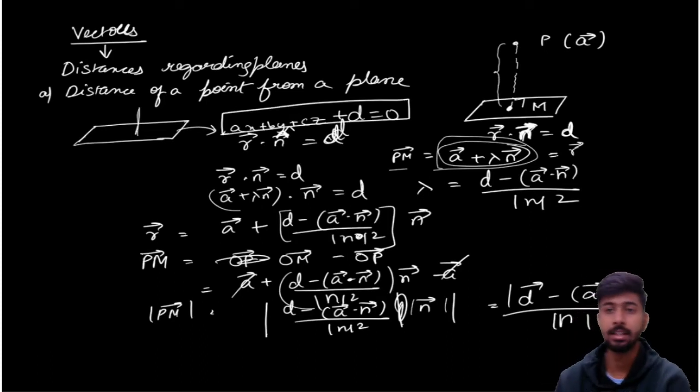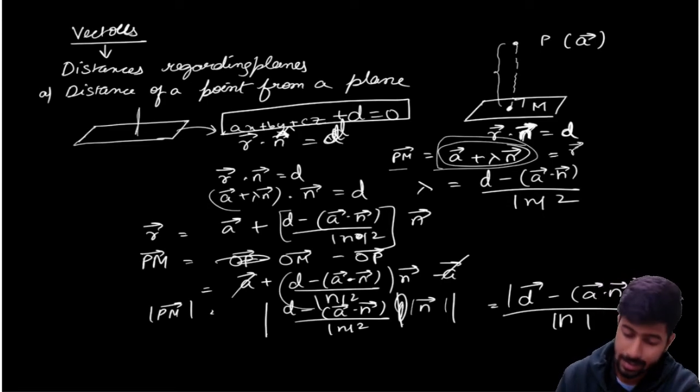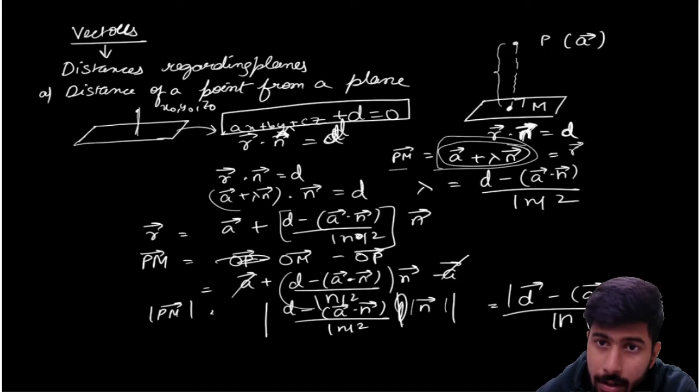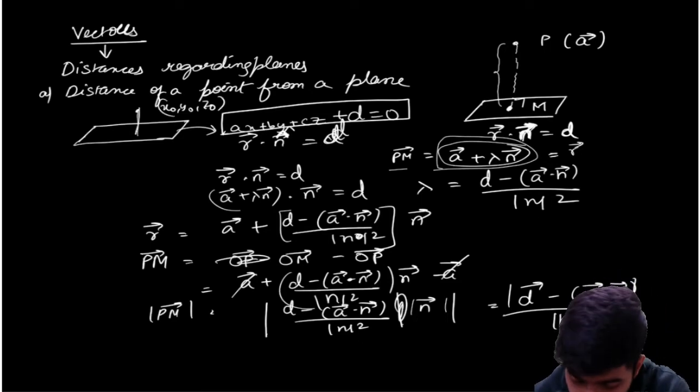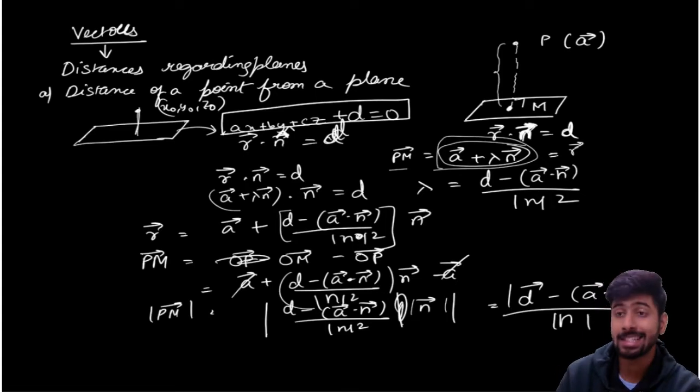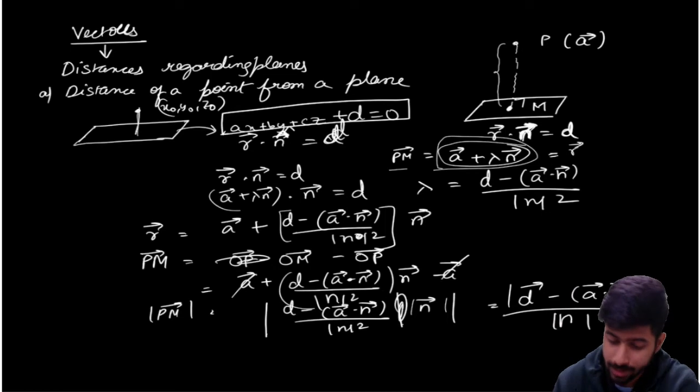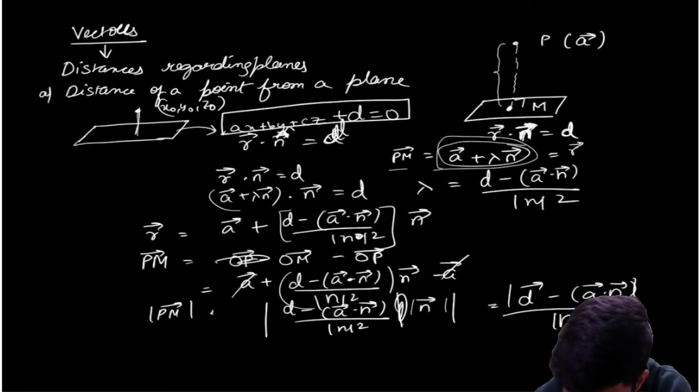This is basically the Cartesian equation of the plane. Let x naught, y naught, z naught be the coordinates of the point P. To get the distance here, it's very simple. What you just have to do is put this point in the plane.